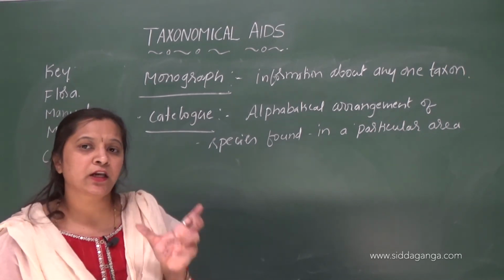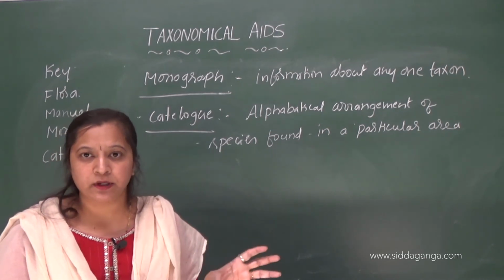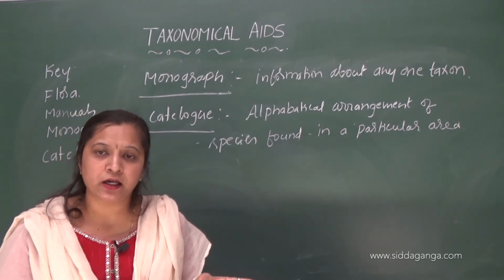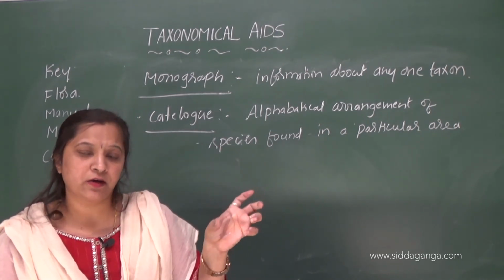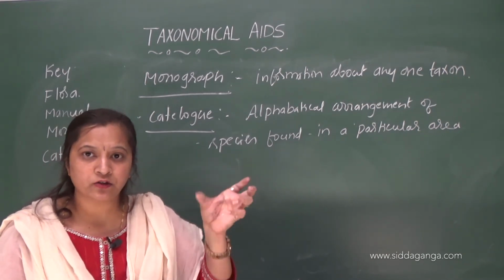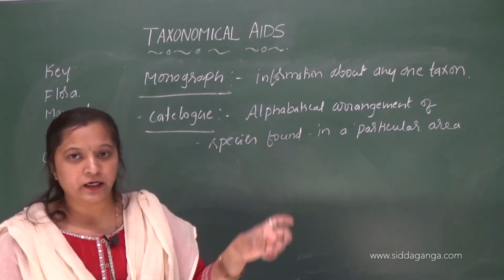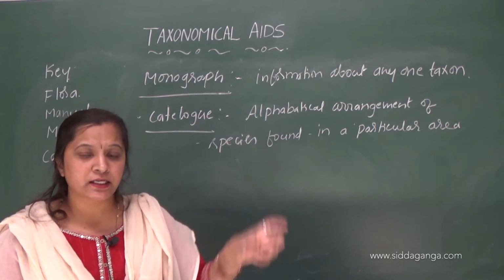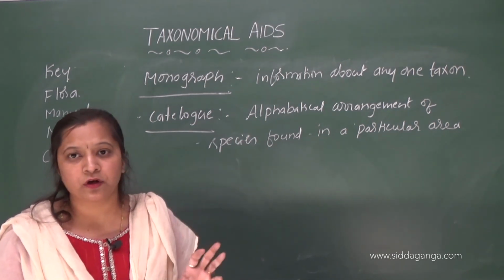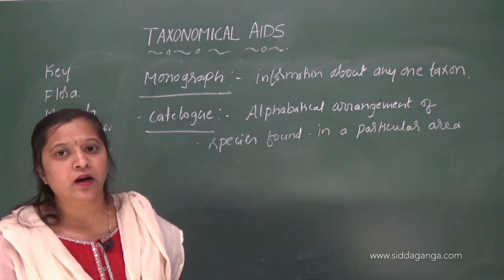And after that, taxonomic categories are very important. There are 7 taxonomic categories: what is taxonomical hierarchy, what are the 7 different taxa, and how they are arranged from highest to lowest category and lowest to highest category. You have to learn writing those 7 different taxa in descending order and ascending order. They have to be written in a particular order only.